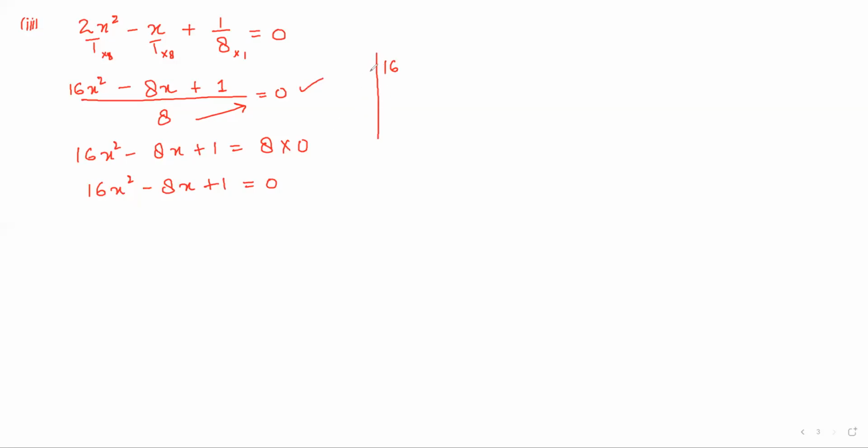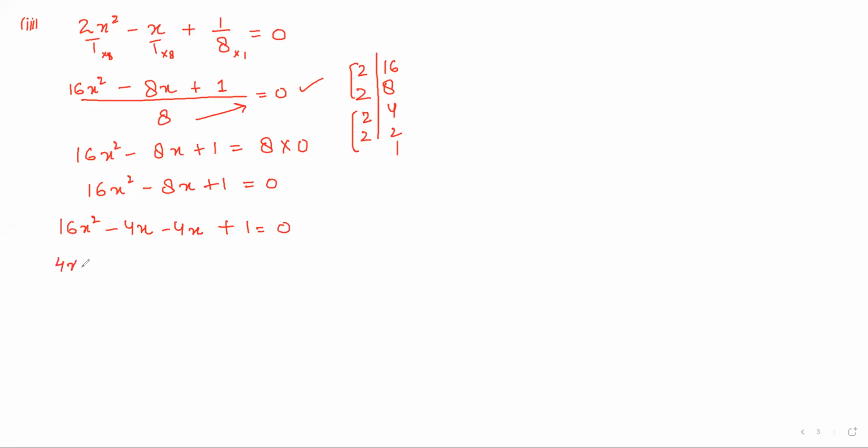So what are the factors? 4 and 4. So 2 into 8, right? Then 2 into 4. So Martin, is that okay? So 4 and 4 combination you can take, right? So 16x square, then minus of 8 you want. So you minus 4x and minus 4x, right? Okay. There should not be any problem, Sarah.